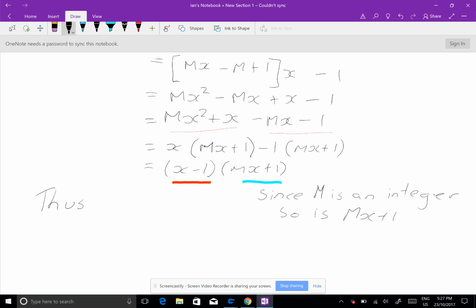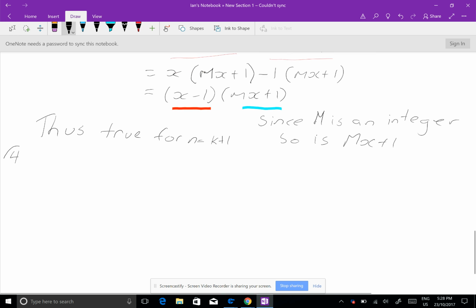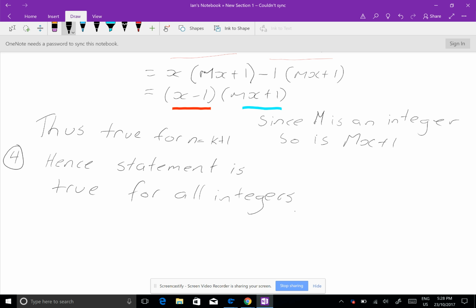Thus, true for n equals k plus 1. My fourth step, hence statement is true for all integers n greater than or equal to 1 by induction.